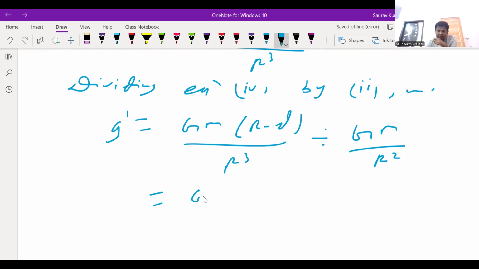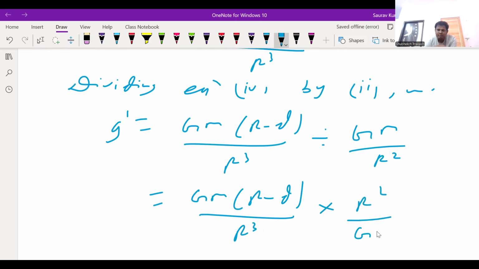So GM into R minus d by R cube into R square by GM.